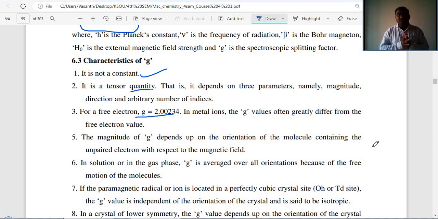The magnitude of g depends upon the orientation of the molecules containing the unpaired electron with respect to the magnetic field. In solutions or in gaseous phase, the g is averaged over all orientations because of the free motions of the molecules.